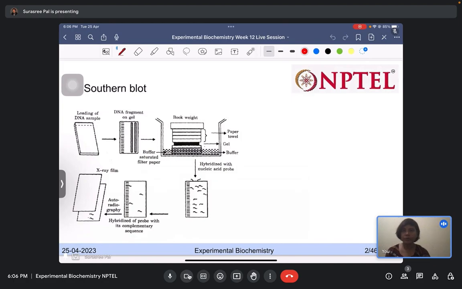So what we do is we isolate the organism's genome, and then we allow it to be digested by restriction endonucleases, right? The restriction endonucleases cut the genome in several pieces, and then we run this DNA sample on an agarose gel.